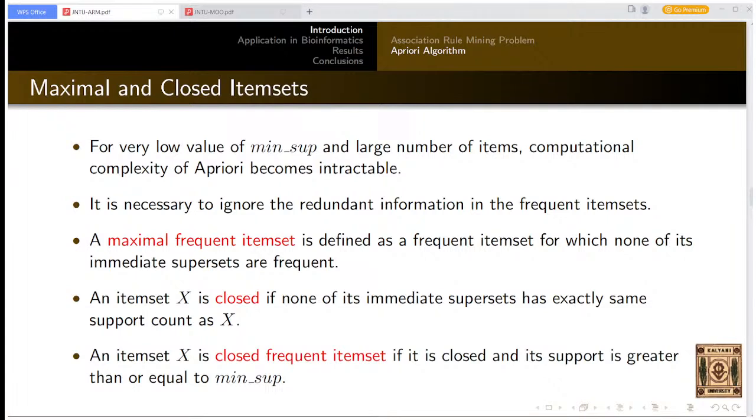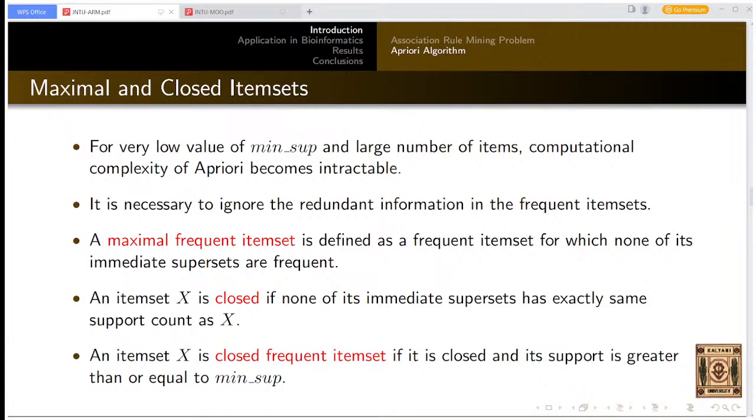There are two approaches for condensed representation. One is called the maximal frequent item sets, defined as frequent item sets for which none of the immediate supersets are frequent. We have already defined what a frequent item set is: the item set having support greater than or equal to the minimum support. Now what is maximal frequent? An item set will be called maximally frequent if there is no superset of that item set which is frequent.